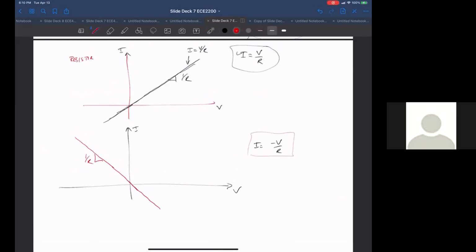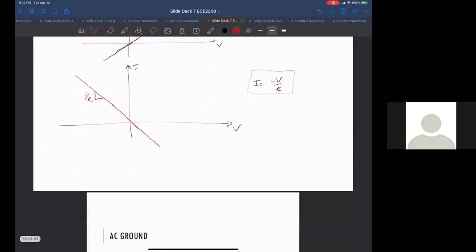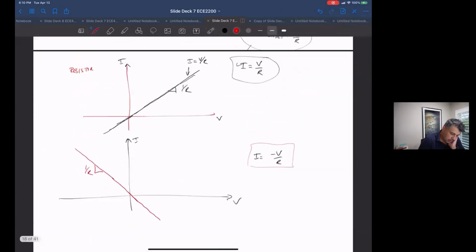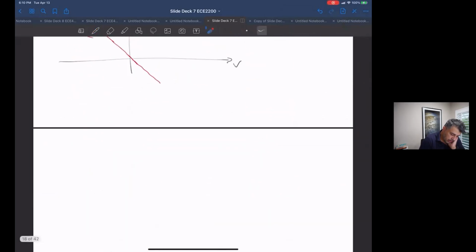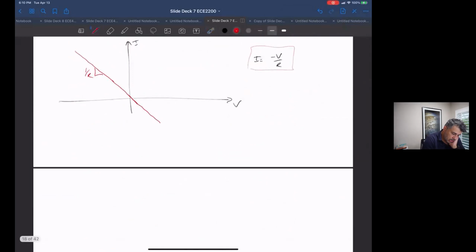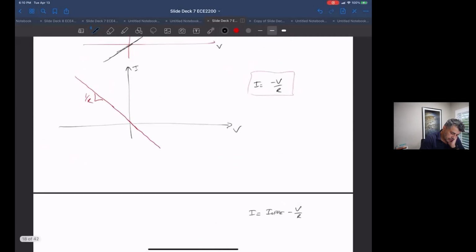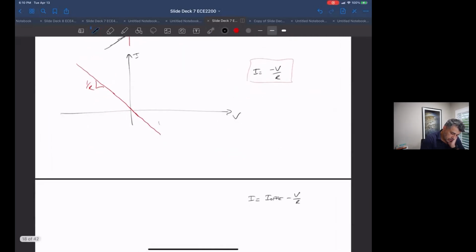Yeah. Okay. And then on top of that, I've got this offset. So what does that look like? If I want to draw I is equal to I offset minus V over R, I add an offset to this guy.